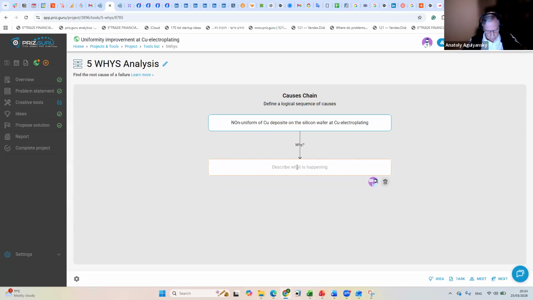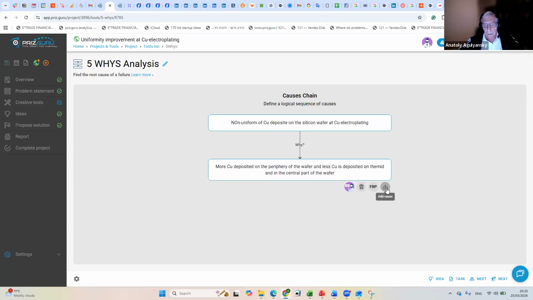I would like to first write that more copper is deposited on the periphery of the wafer and less copper is deposited in the mid and central part of the wafer.